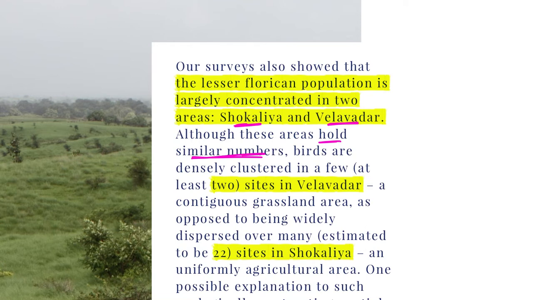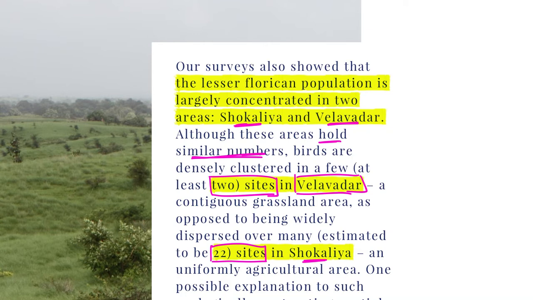Now, the differences are in Velavadar, we have at least two sites that are very important for locating these birds, and in Shokalya, we have around 22 sites. So the number of sites in Shokalya for locating these birds is more. That means these birds are more dispersed in Shokalya compared to Velavadar.